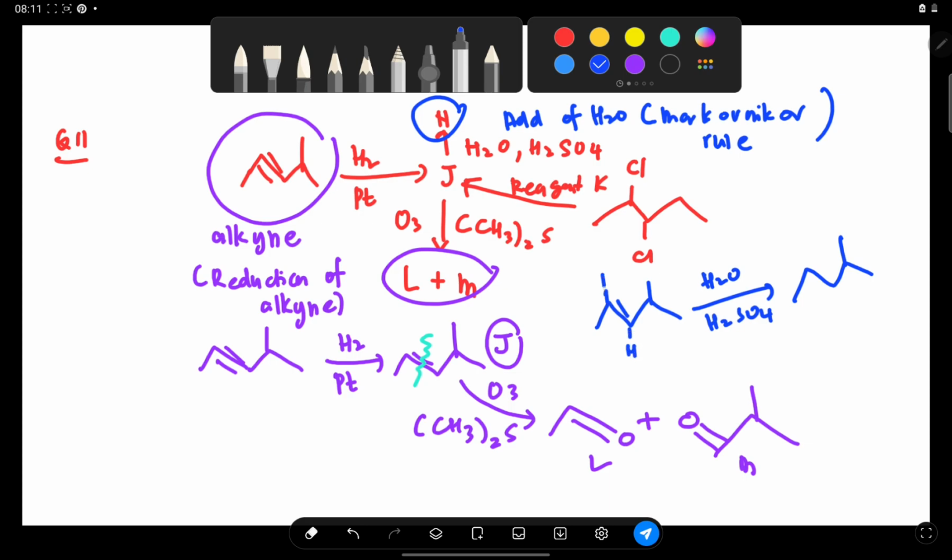Here is also 1 hydrogen. The number of hydrogens at this carbon and this carbon is the same, so you can add OH to either this carbon or this carbon.